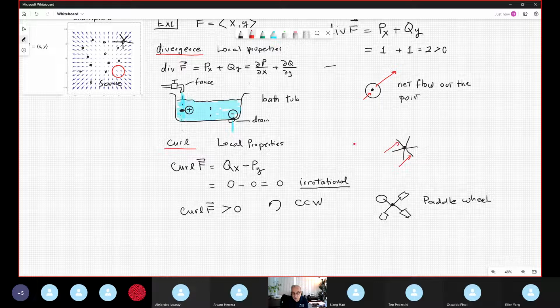And it's the same. Entonces, es obvio que no rotates. It's irrotational. And let's see the implication of being irrotational. But let me finish the idea.